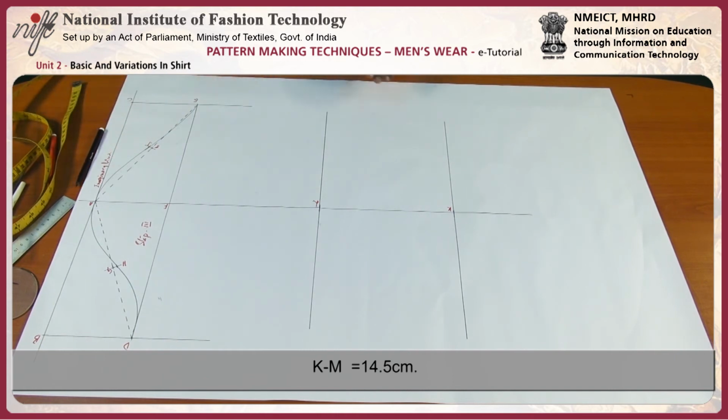K to M, the sleeve opening, is equal to 14.25 centimeters. The formula can be followed as given in the description.